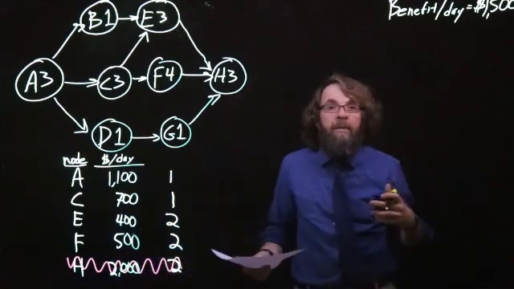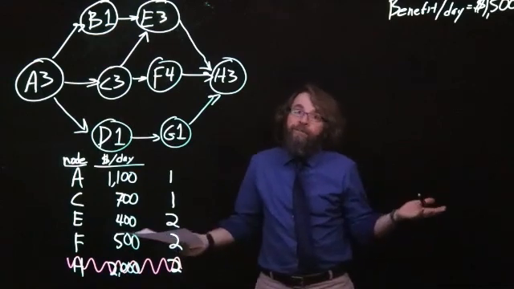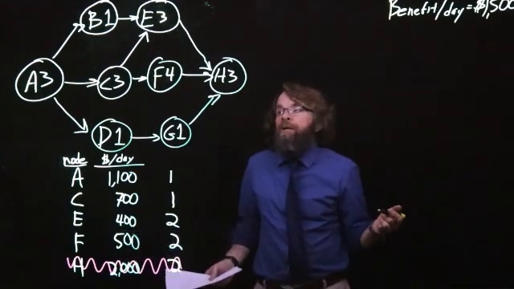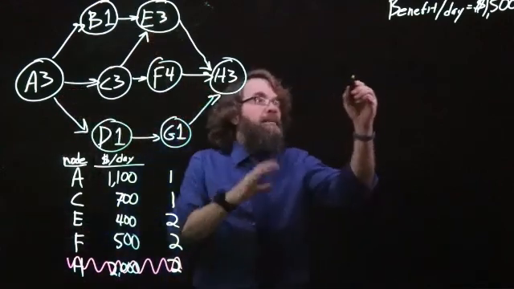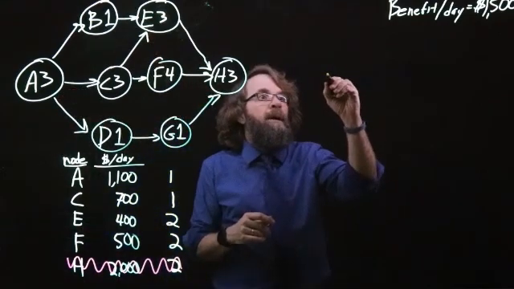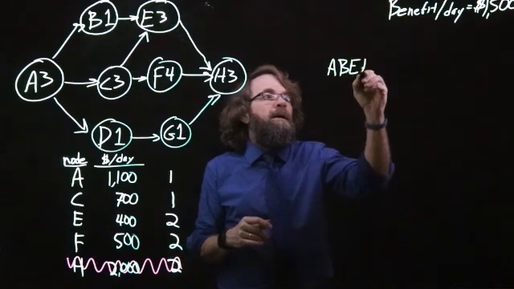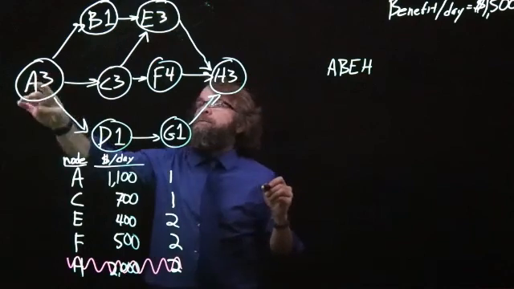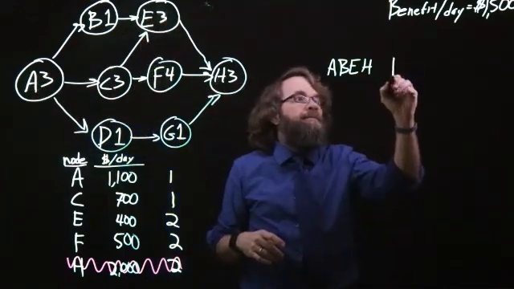I like to start by making a list of all of the paths through the network. Again, relatively simple network. So the first path goes A to B to E to H, and I'm just going to make a list of each of these paths here. A to B to E to H takes 3, 4, 5, 6, 7, 8, 9, 10 days.